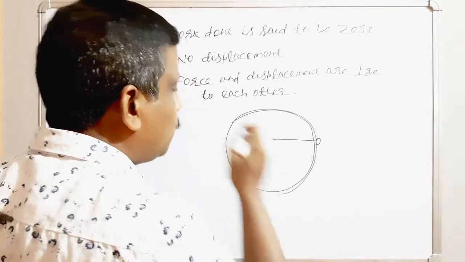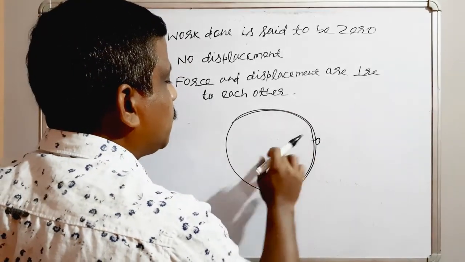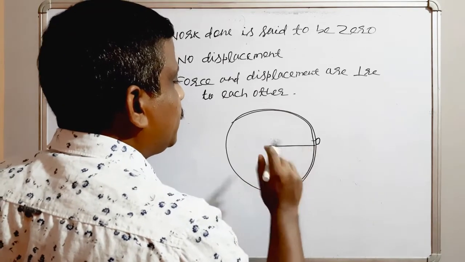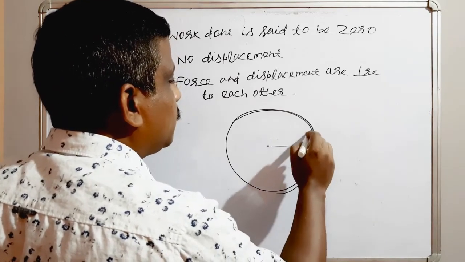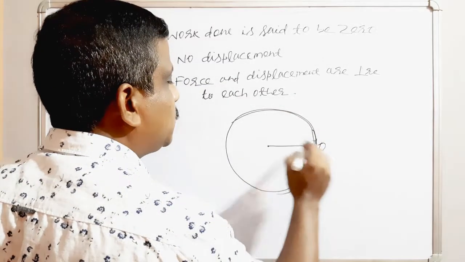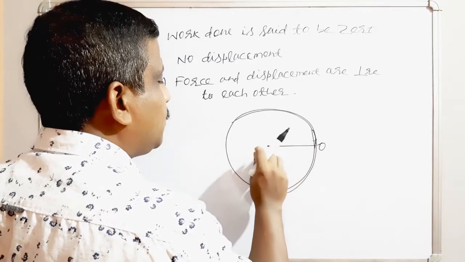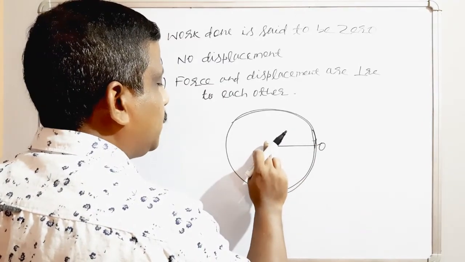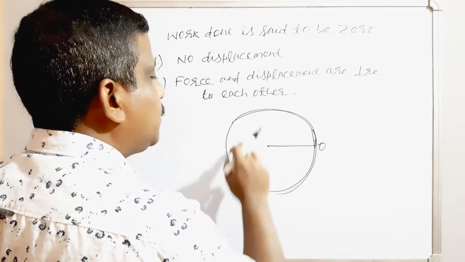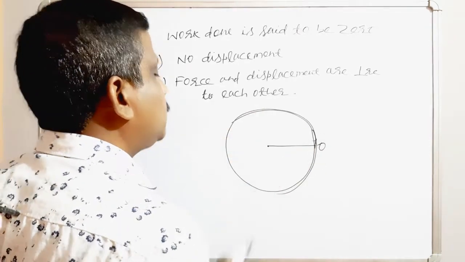Suppose this is the center, and the ball is tied here at this position. From here with the finger we rotate the string. What will happen? It will move in a circular path.